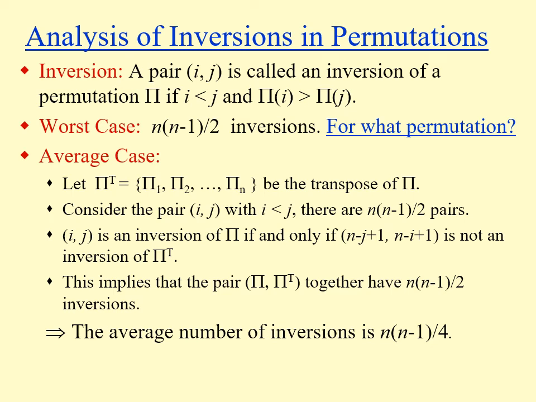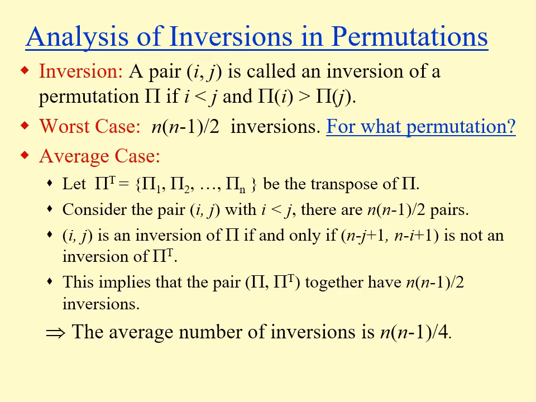An inversion here is defined as a pair (i, j), where i, j are the locations of the elements, is called an inversion of a permutation. We use pi for the permutation. Initially the order is i, j. After sorting, you just correspond to a permutation, and you get a sorted order.